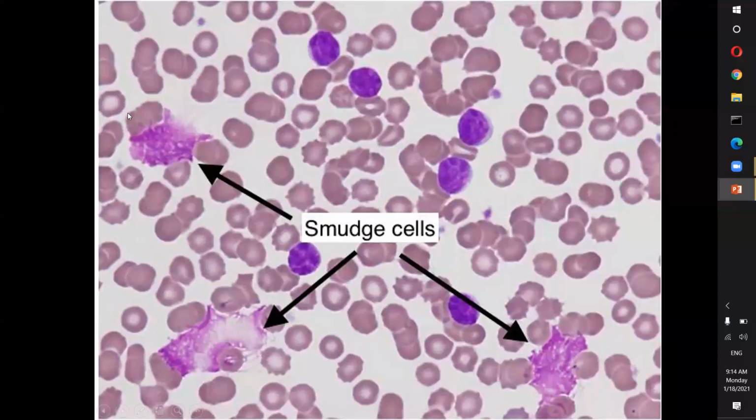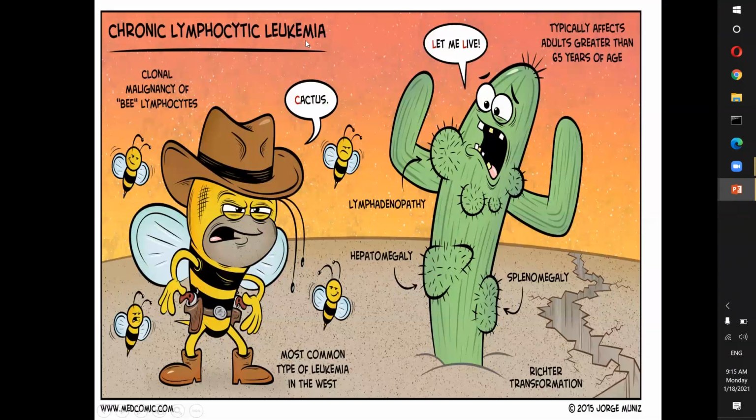These cells are destroyed like this. When you find multiple destroyed cells inside the blood film, like smudge cells, the smudge cell is the clue of CLL, chronic lymphocytic leukemia. It's a clonal malignancy of B cell lymphocytes.